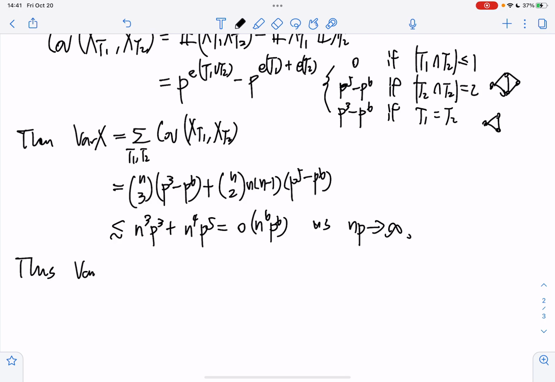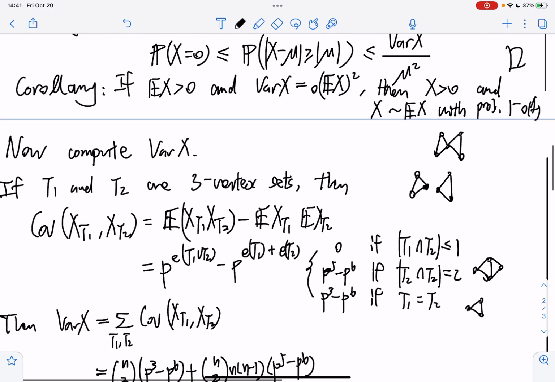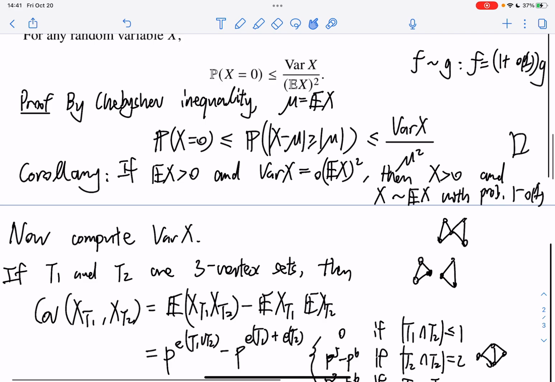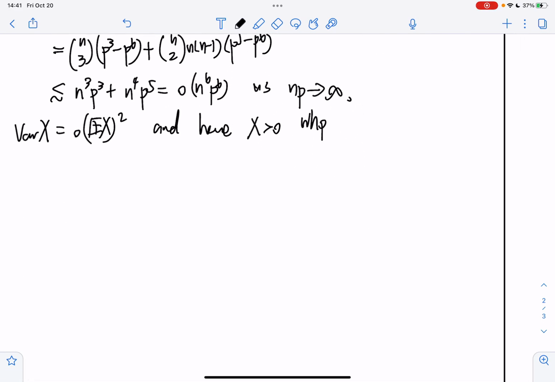Then we can see that the variance of x is little o of the mean squared, so that x is positive with high probability by the corollary. And we complete the proof.